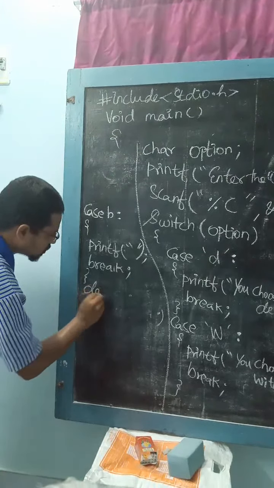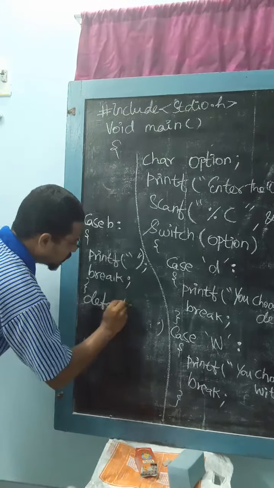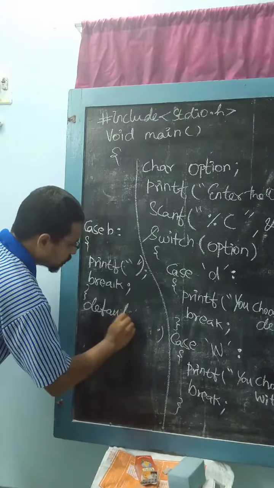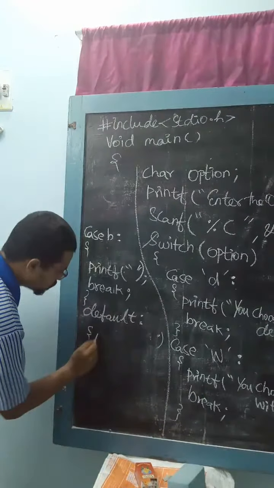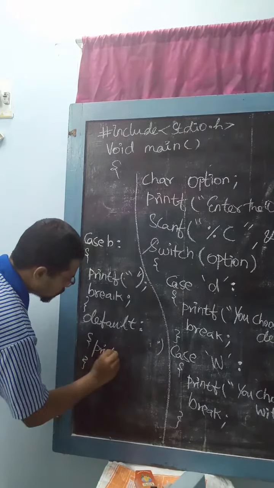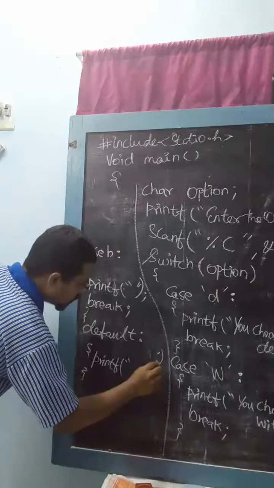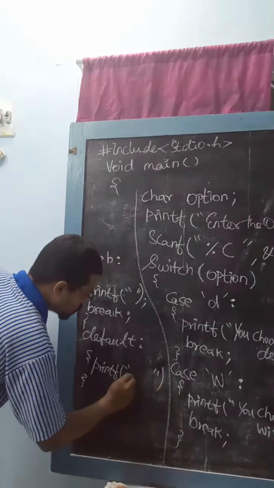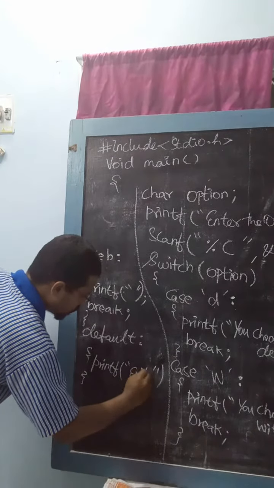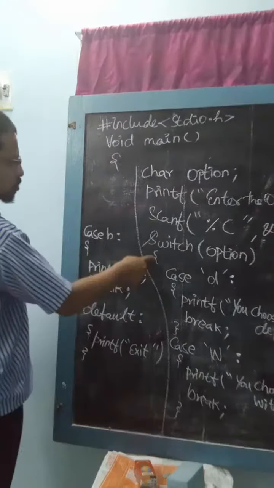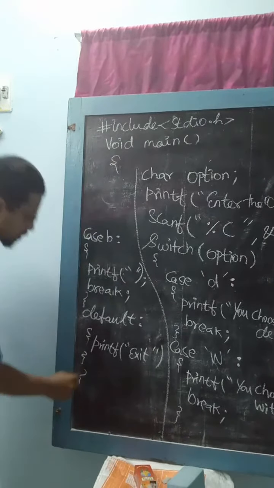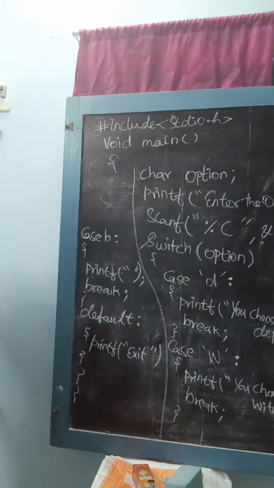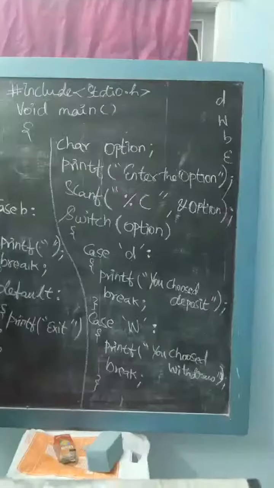This category will come under the default statement, so here you choose exit. So finally I am just closing the switch case statement and I am just closing the main statement. So just copy it down.